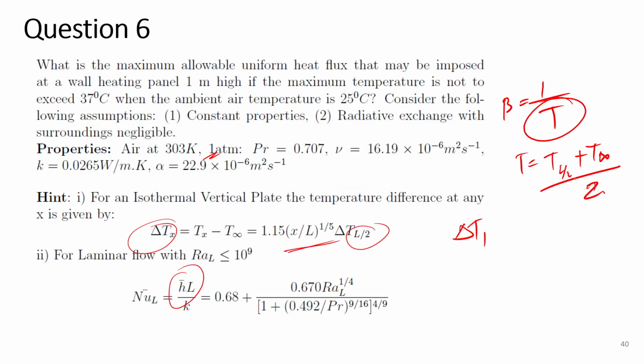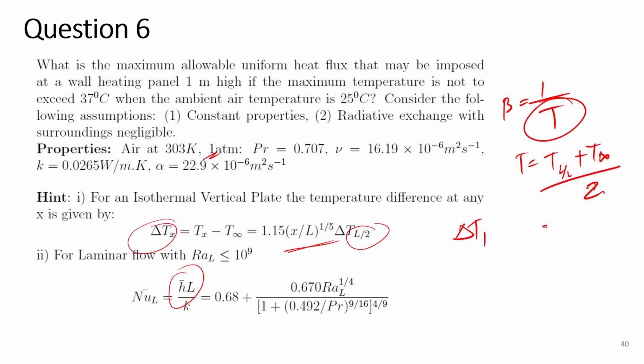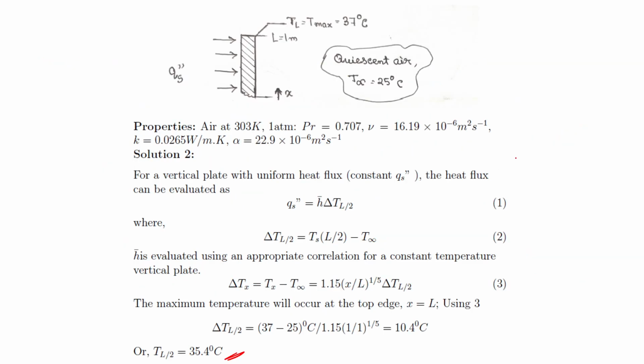TL by 2 we had calculated as 35.4 plus T ambient was 25 plus 2. So you can just calculate T over here and take the inverse of that and then find the value of beta. That will help you to find the value of Rayleigh number. So you can calculate that on your own.